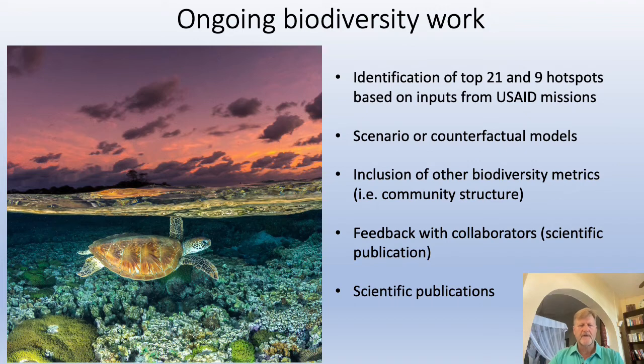Additionally, this work has focused on numbers of species as a proxy for total numbers of species, but there may be some interest in evaluating other aspects of biodiversity, such as the community structure, the community composition of these communities throughout this region.